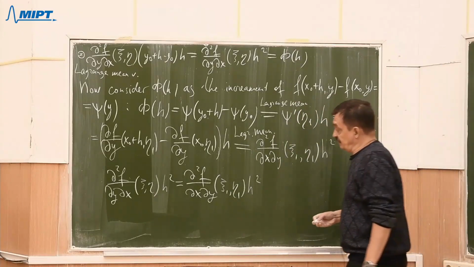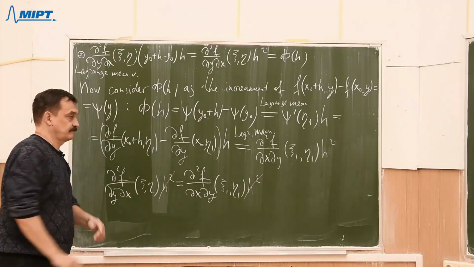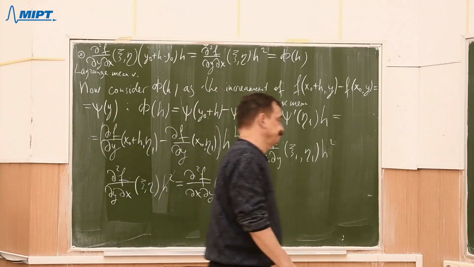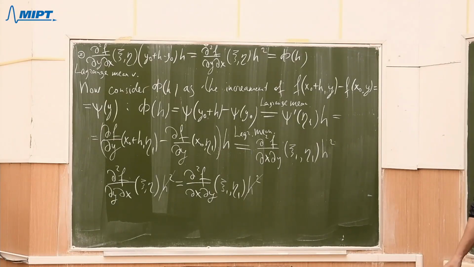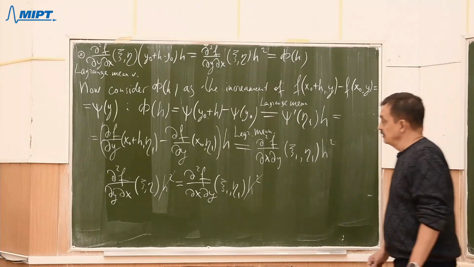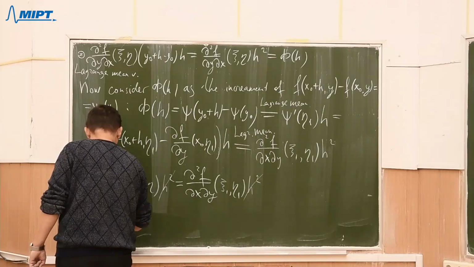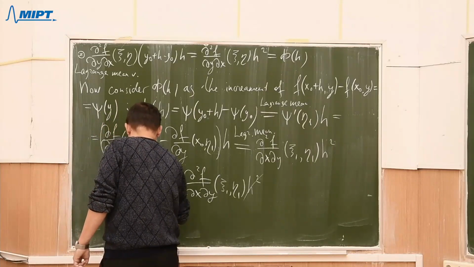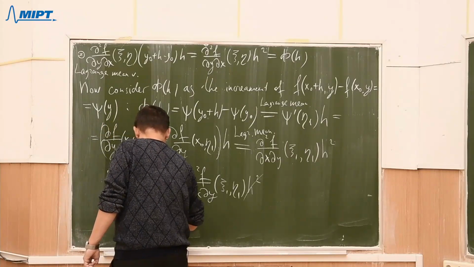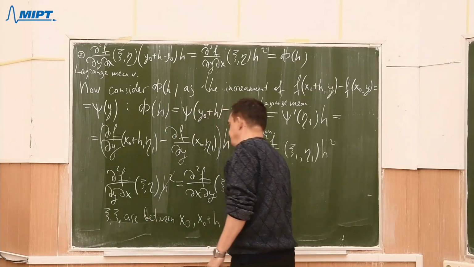Of course, I can forget about h squared. And then remember where xi, xi 1 and so on are. Xi and xi 1 are between x naught and x naught plus h.